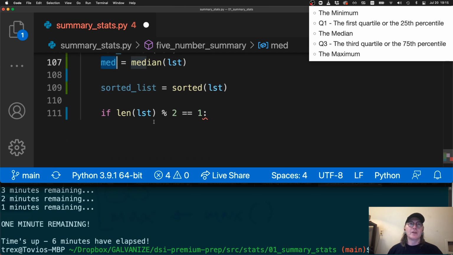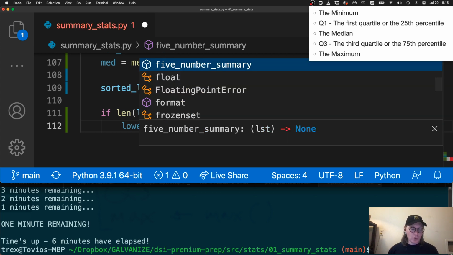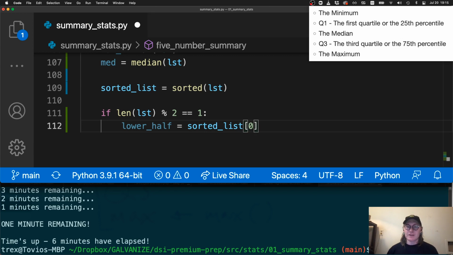Logically, I know that's maybe a little bit confusing. I think when we walk through this, it'll be a little less confusing. So I'm just going to say we've got a lower half, and this is going to be that sorted list, where we go from the 0th index up to the median, which is going to be the length of the list divided by 2.